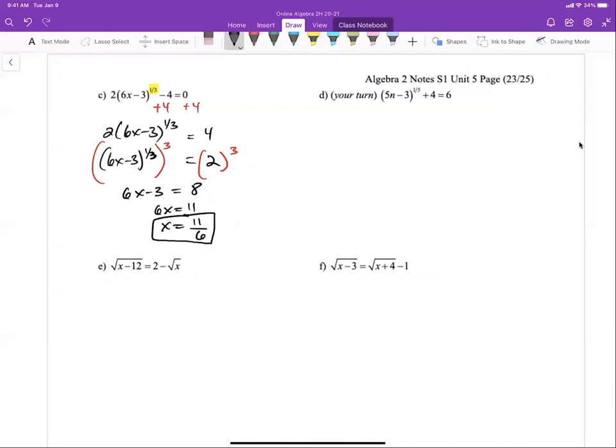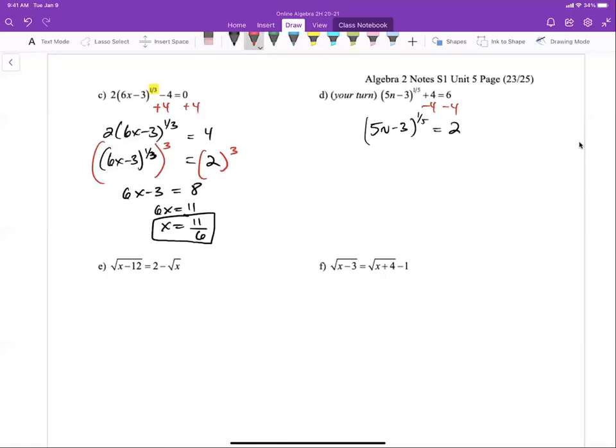Welcome back. First thing I need to do is get this term that is in the radical by itself because it's to the 5th root. And so I need to subtract 4 from both sides and I will get 5n minus 3 to the 1/5 is equal to 6 minus 4 is 2.